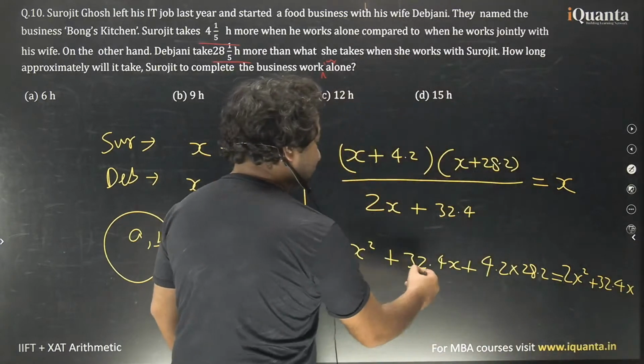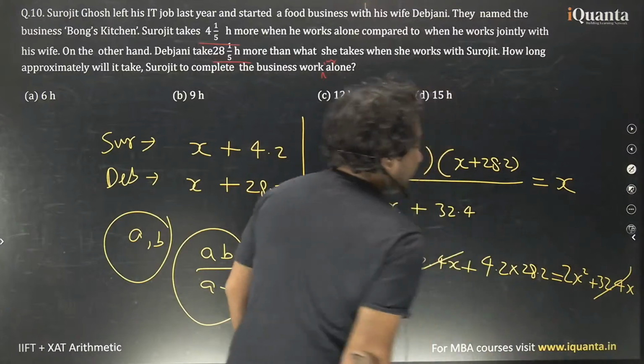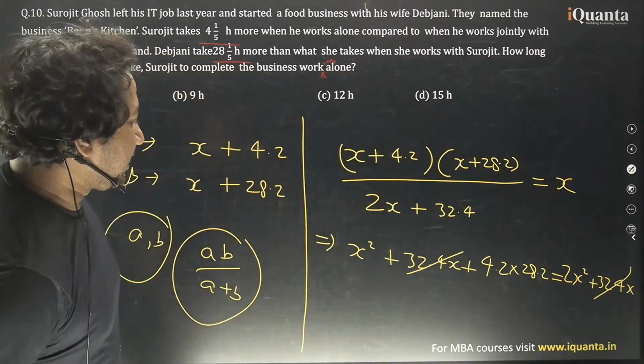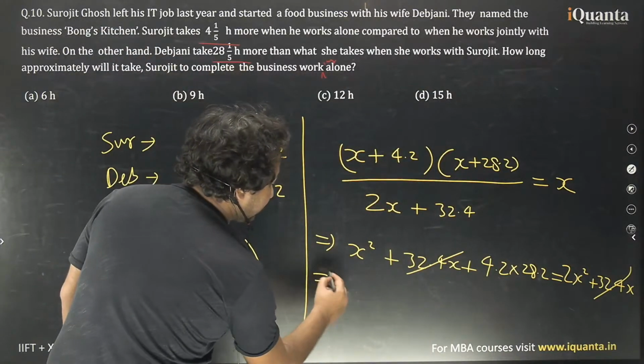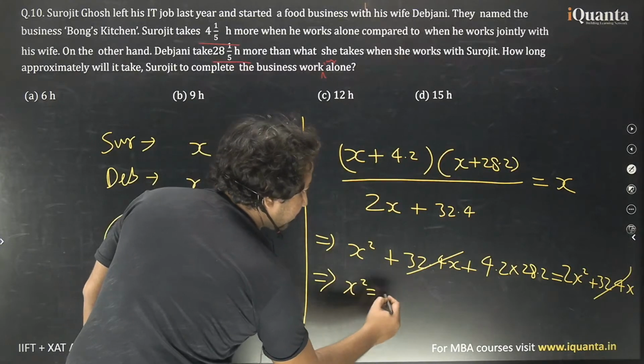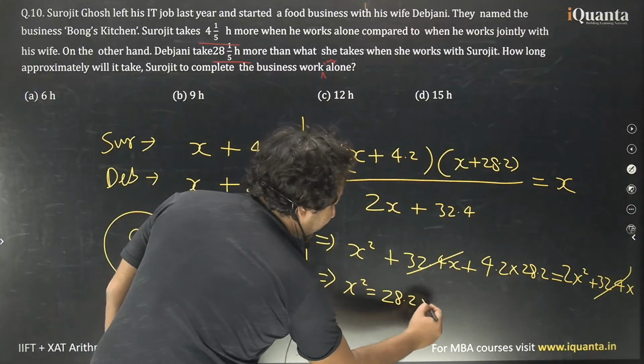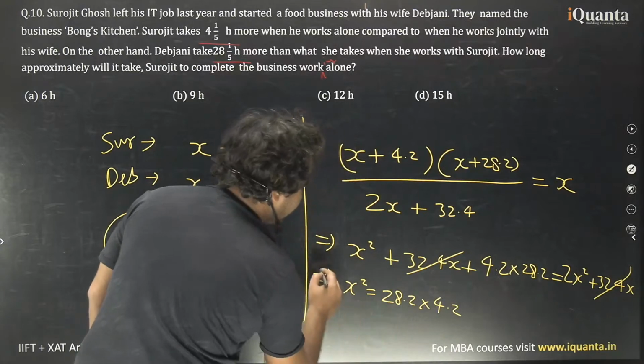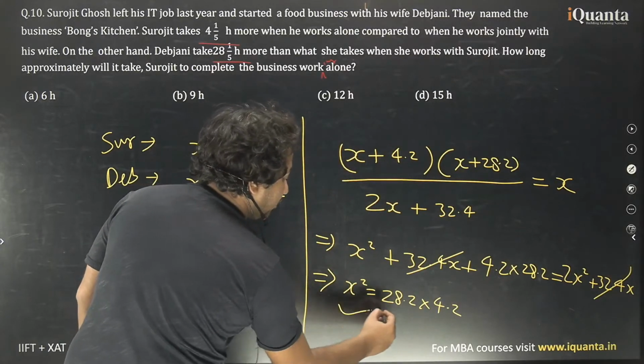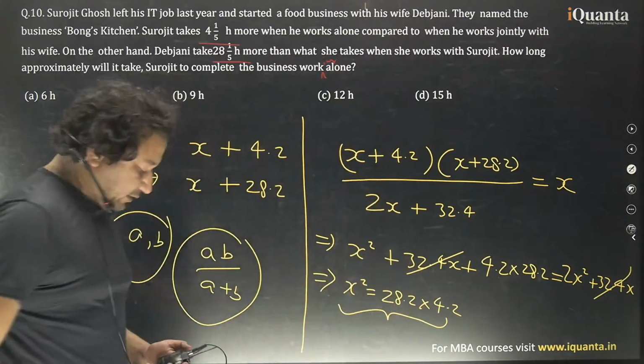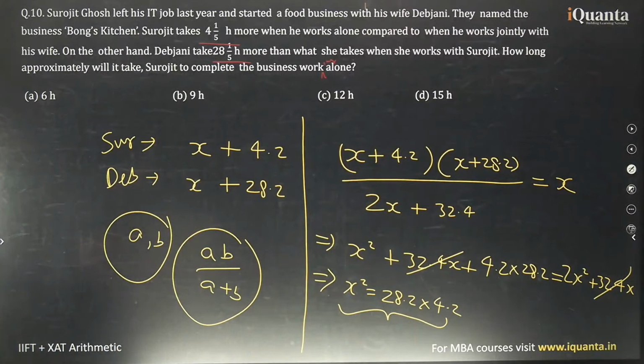The best thing is that the 32.4x gets cancelled, and now we are left with x square is equal to 28.2 multiplied by 4.2. So a lot of calculation has been reduced by this. We just need to find the square root of the product of 28.2 and 4.2. How should we do that?